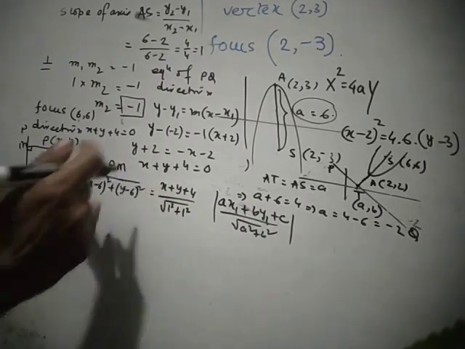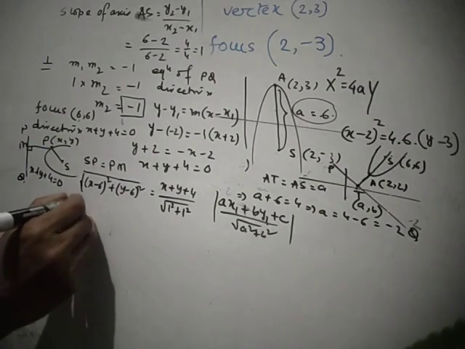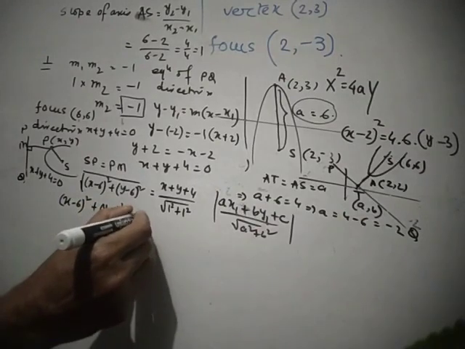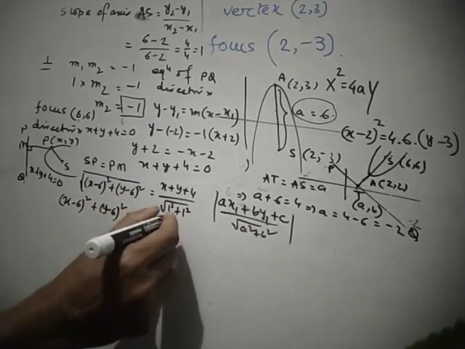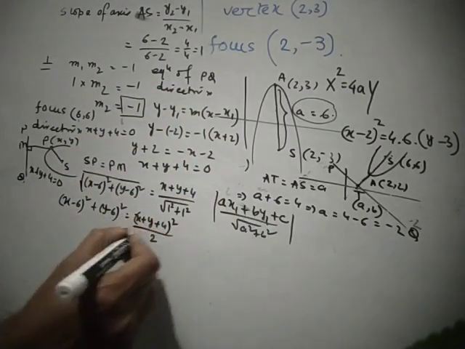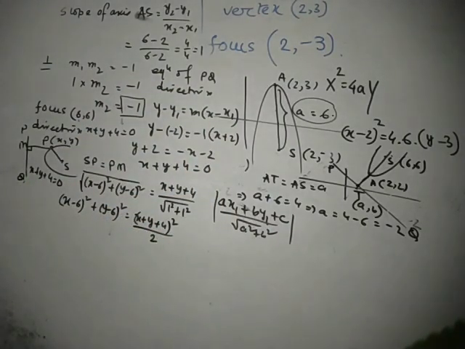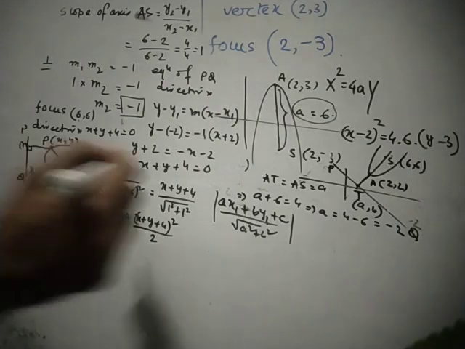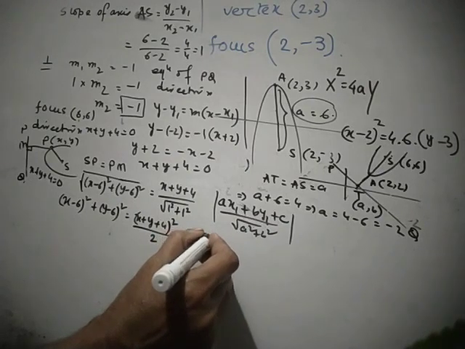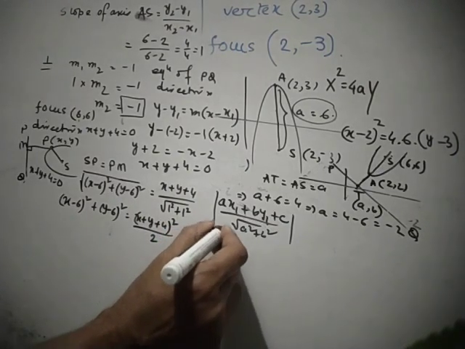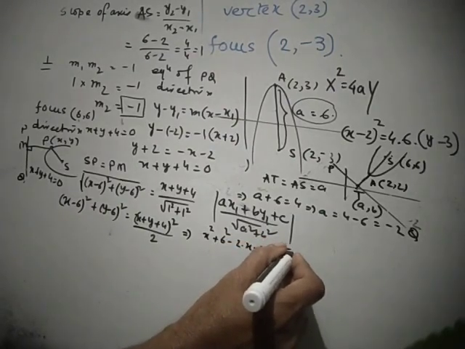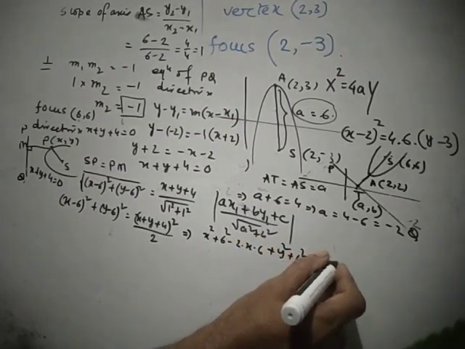We can simplify by squaring both sides in this way: x minus 6 whole square plus y minus 6 whole square equals x plus y plus 4 whole square, and below, if we square it, the root will be removed, it will be 2 only. So now we can simplify this and get a simpler equation. Simplification will be like this: x square plus 6 square minus 2 into x into 6, plus y square plus 6 square minus 2 into y into 6.